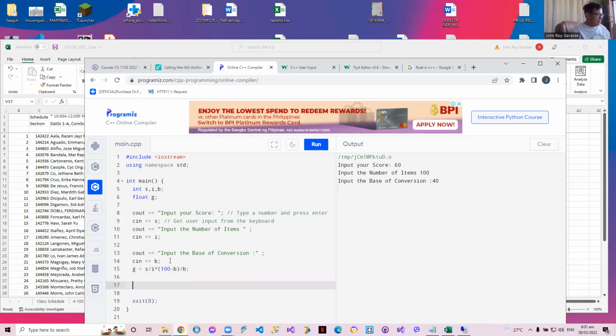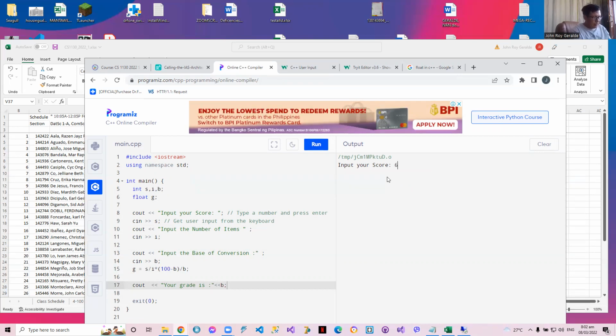And then cout, your grade is G. Okay. Are you familiar with this, everyone? Or am I speaking the wrong language? Kasi pwedeng printf and scanf, no?